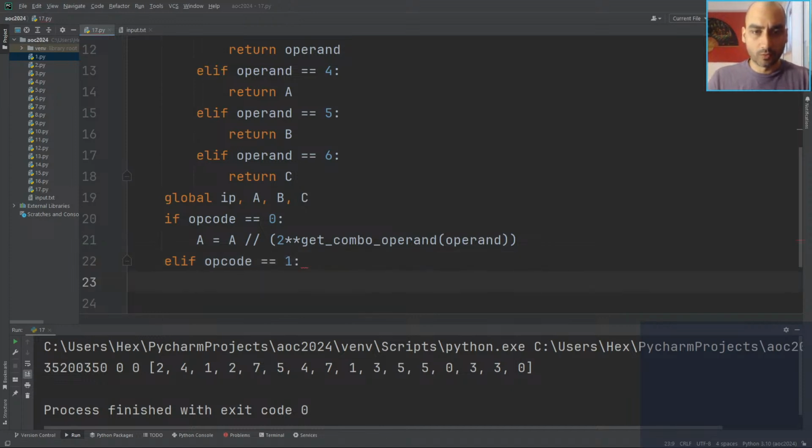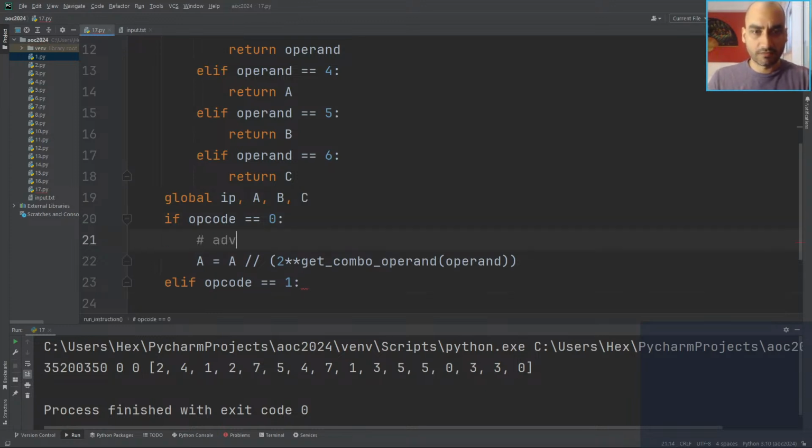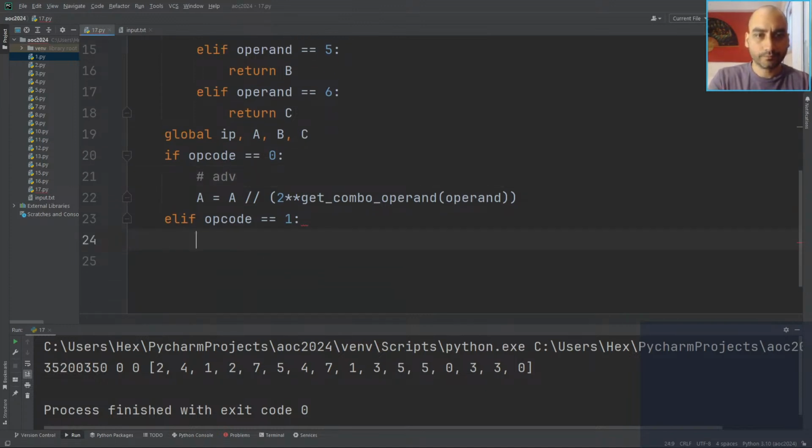All right, opcode 1. So this one, let's just mark these. That's adv. BXL. Bitwise XOR of B and the literal operand. Okay. So it's going to be B equals B. I forgot what XOR is. Is it this?